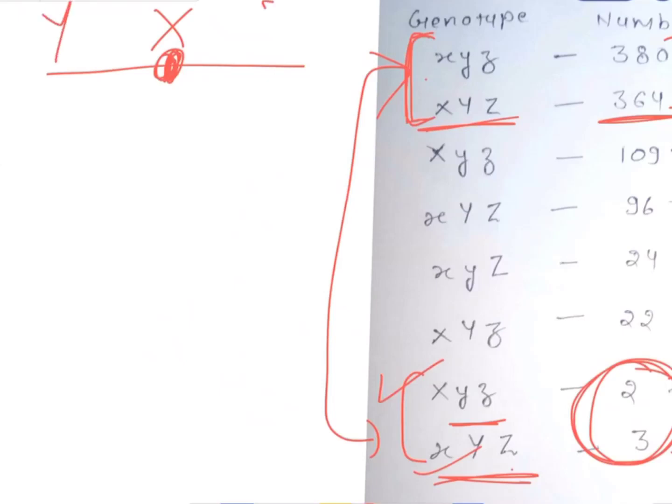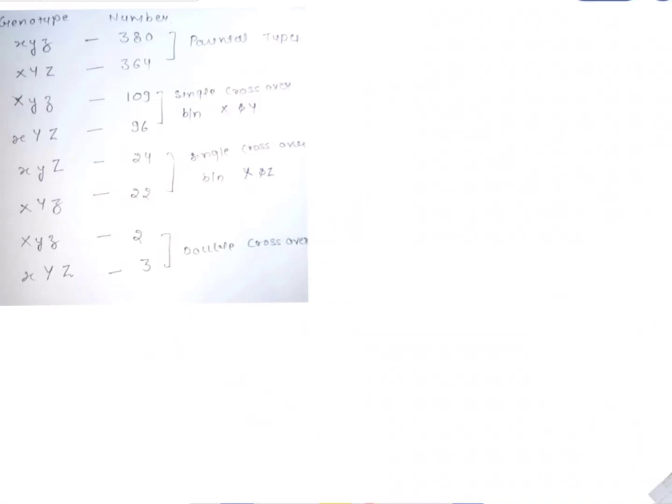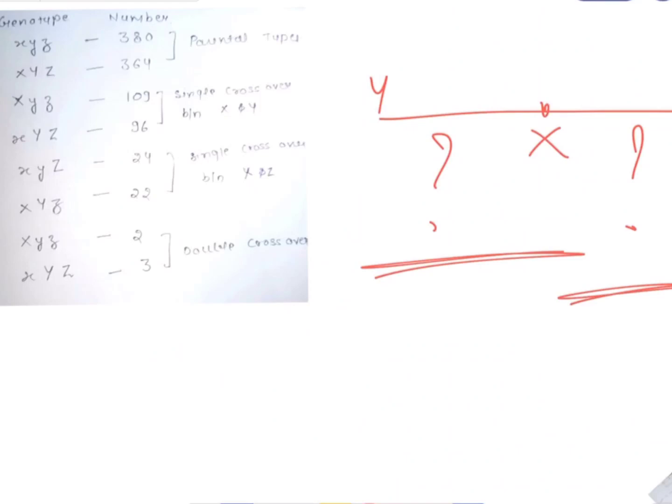Here is Y, there is Z, and the center one is X. Now we know the correct gene order present in the chromosome: Y, X, Z. Now we have to calculate how far apart the genes are from each other, between X and Y and between X and Z, so that we can find the correct sequence.